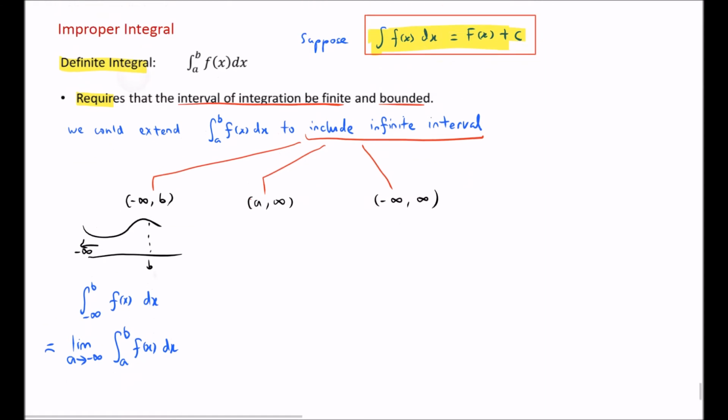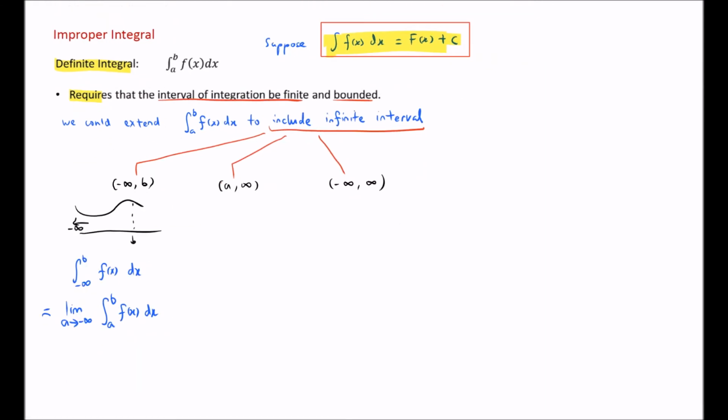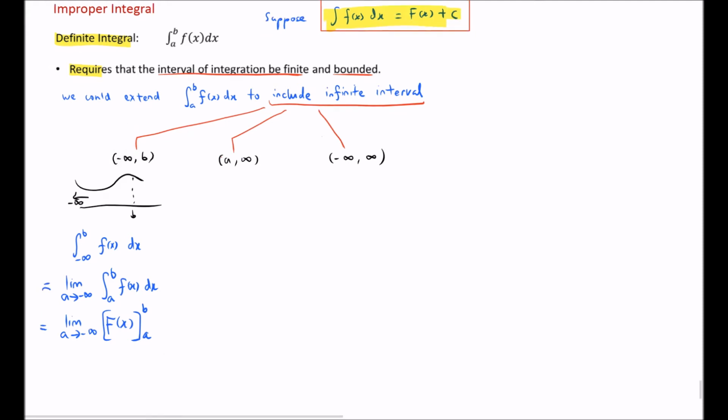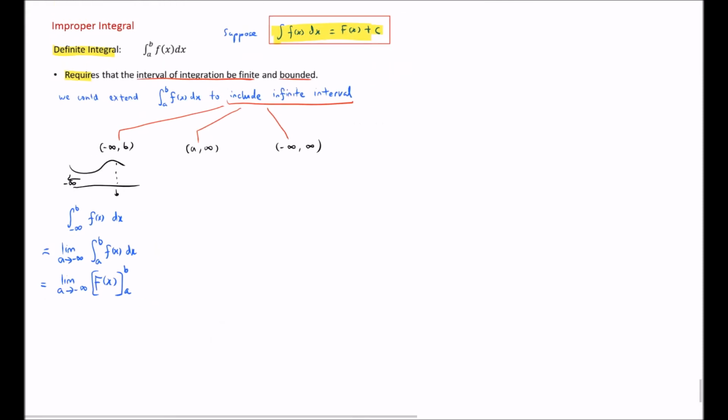So we come back to the working again. We have square bracket F(x), and of course we have the limit, b and a, as what we do for our definite integral.